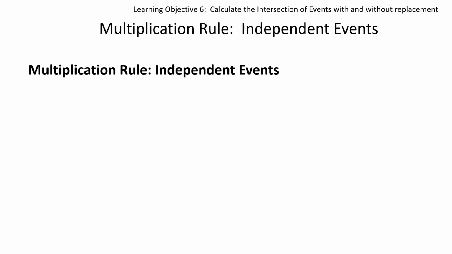Which gets us back to the multiplication rule, the intersection of events without replacement and with replacement.